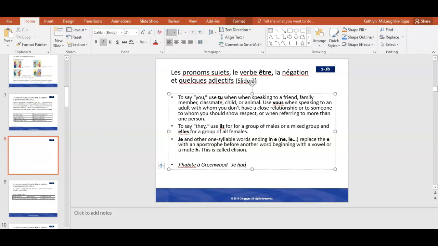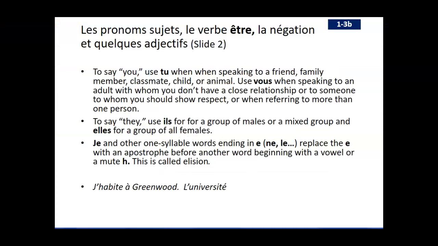So it ends up getting combined like into a contraction. Or let's say la université. Okay, we don't need to have this vowel here either because U is already a vowel sound, so we just do an apostrophe instead. Okay, so good to make that clear.